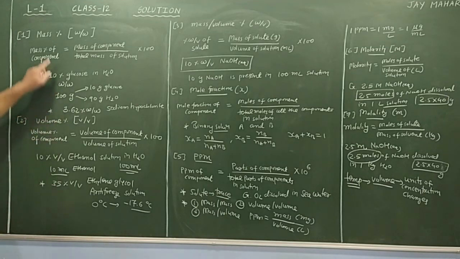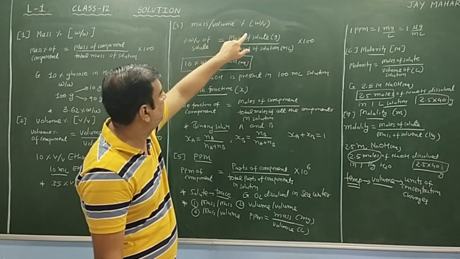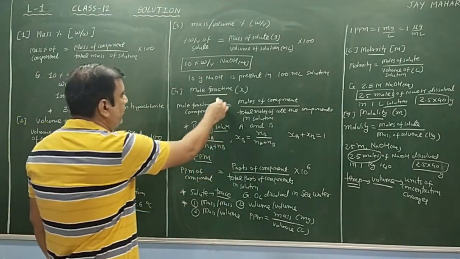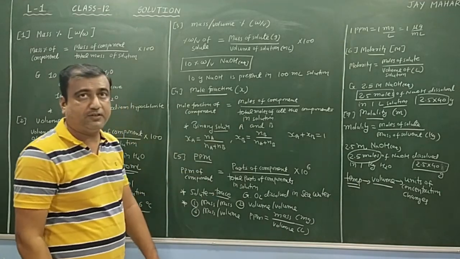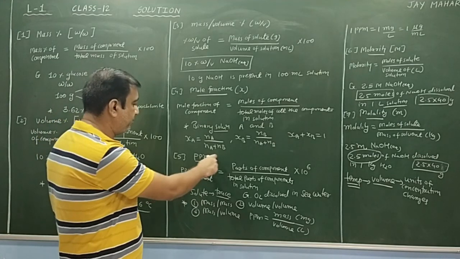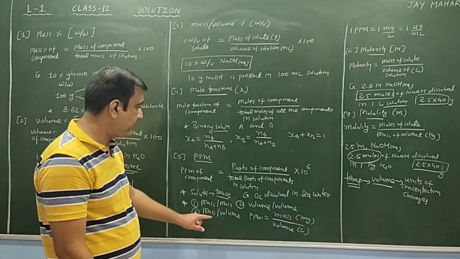Considering mass percentage, it does not depend upon volume, so it does not change. Volume percentage depends upon volume, so it changes. Again, percentage W by V depends upon volume, so it changes. Mole fraction has no volume, so it does not change. Now ppm: mass to mass does not change.